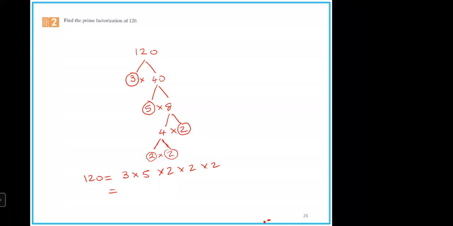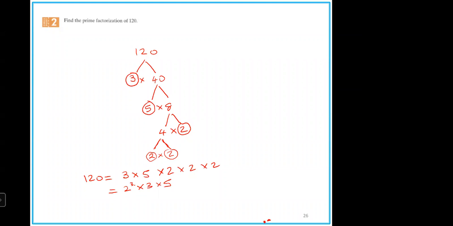We would put 2 to the 3rd power, times 3, times 5.